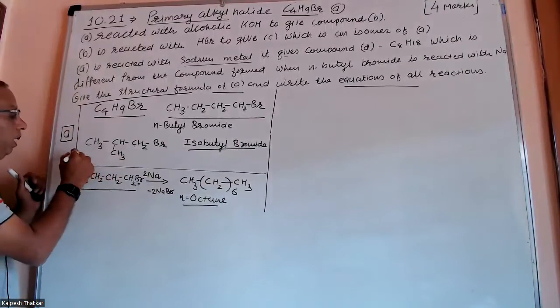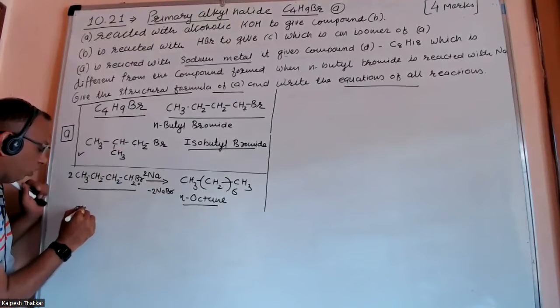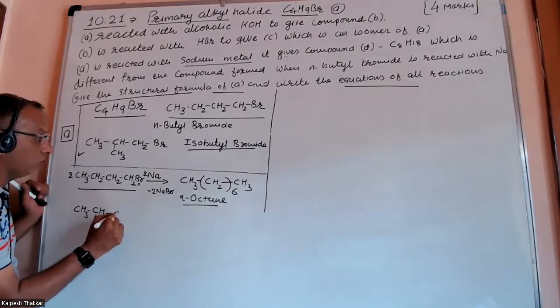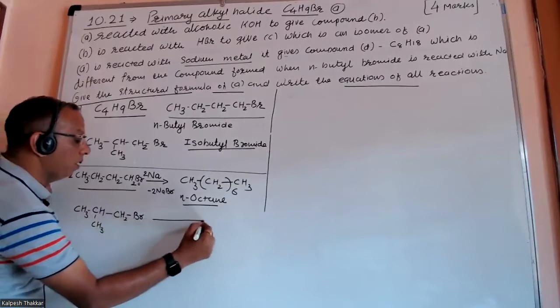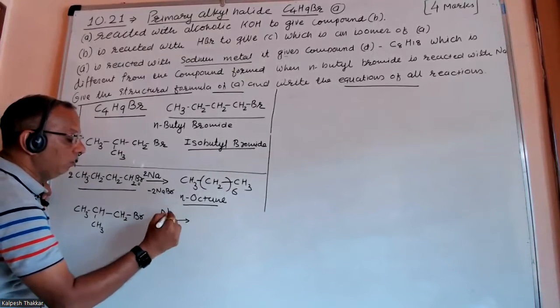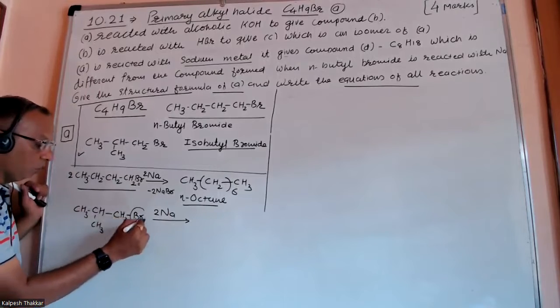Another option: if I consider A as isobutyl bromide, then what happens, friends? CH3, CH, CH3, CH2, Br, and we are reacting it with sodium metal. Once again, the sodium metal will react with bromine.